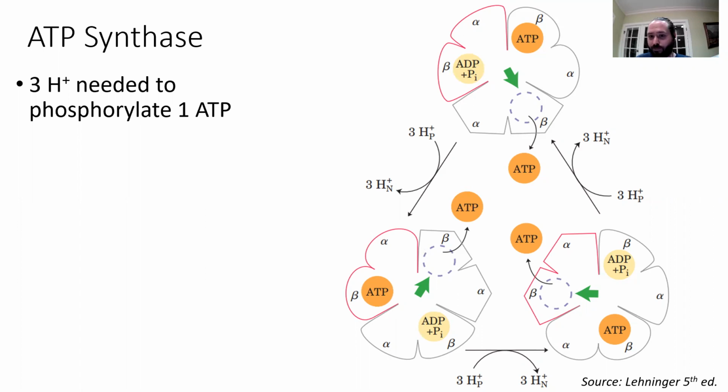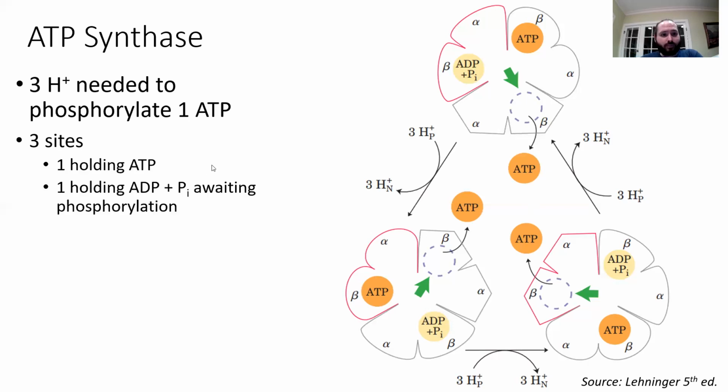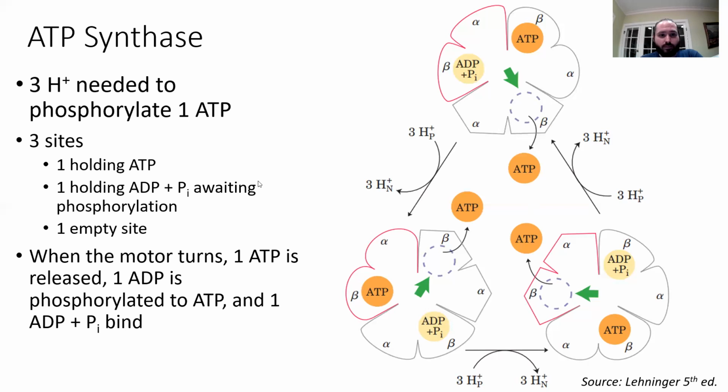Another 3 protons come in, we rotate the units, we do a conformational change, we squeeze ADP and phosphate together to get ATP, we phosphorylate ADP to ATP. ATP leaves from that binding pocket, and a new couple come in, and so on and so forth. Any questions here?